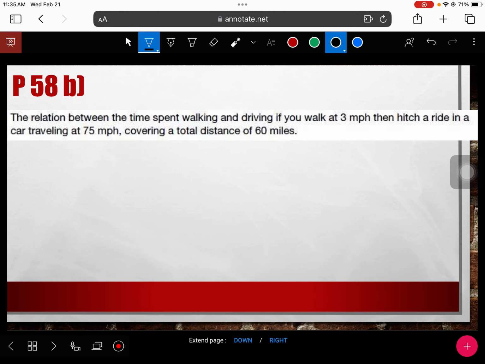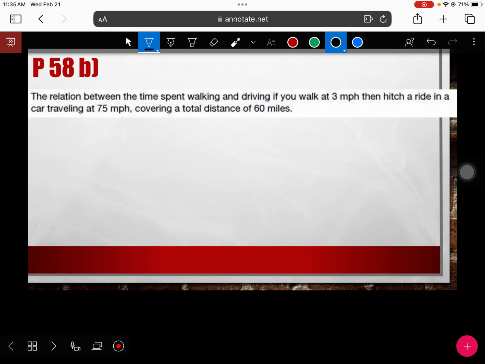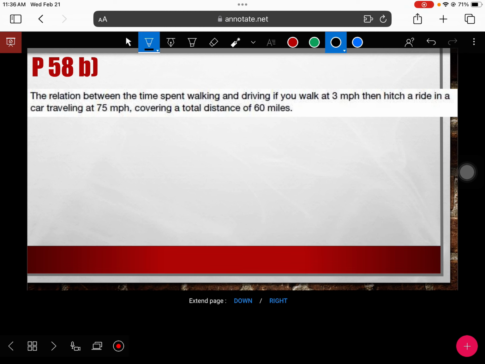Okay. Are we ready for this, the next one? Okay. So here, the relation between time spent walking and driving, or should I say riding. If you walk at 3 miles per hour, then hitch a ride in a car traveling at 75 miles per hour, and you are covering a total distance of 60 miles.